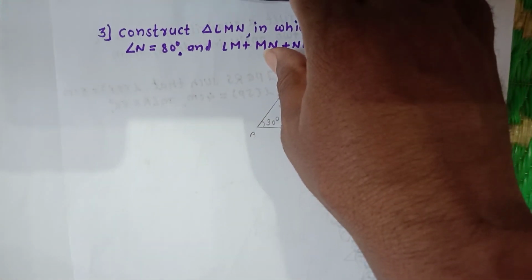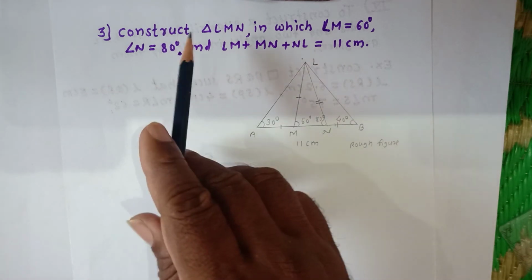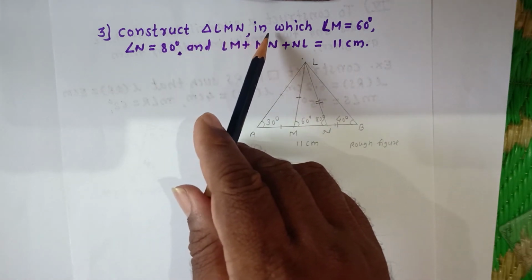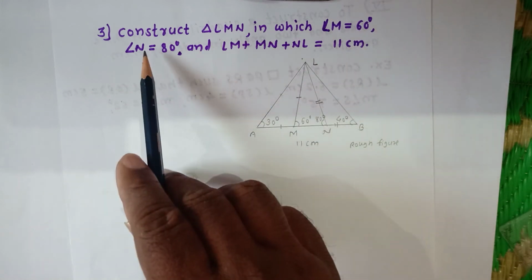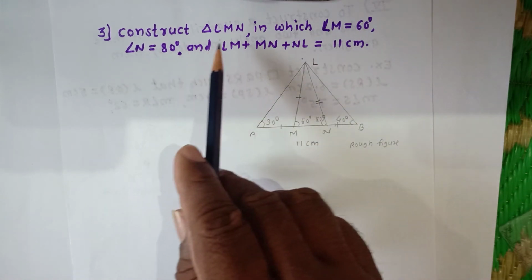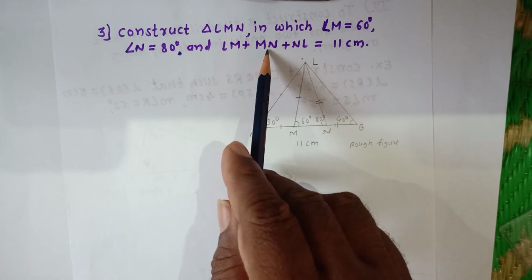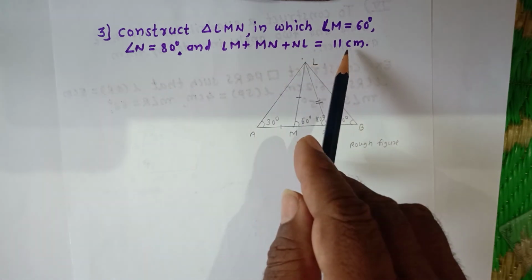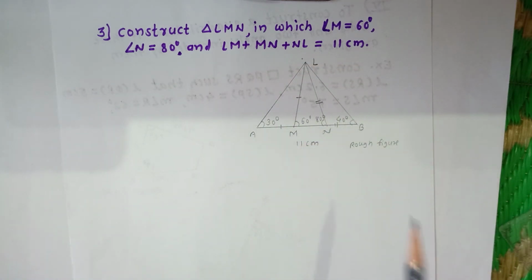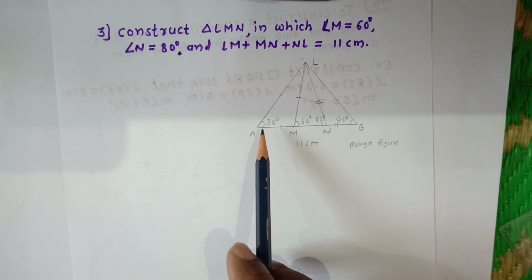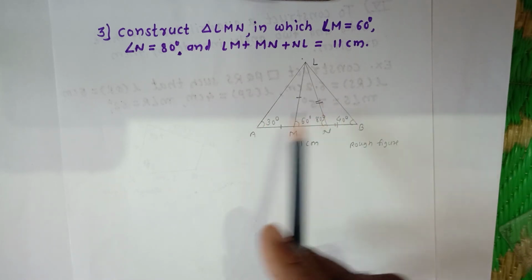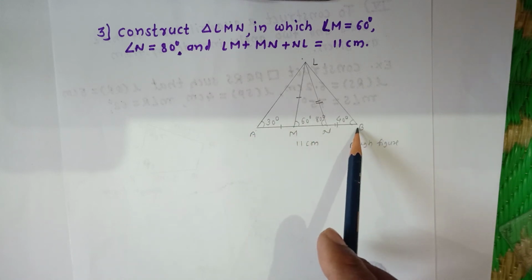Now question number 3. Construct triangle LMN in which angle M is equal to 60 degree, angle N is equal to 80 degree, and LM plus MN plus NL is equal to 11 centimeter. So perimeter is 11 centimeters. Let's draw rough figure. AB 11 centimeter.